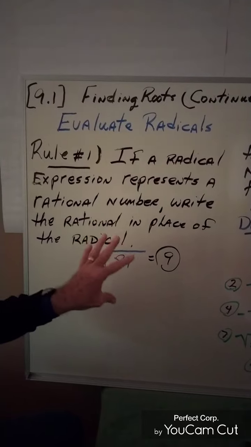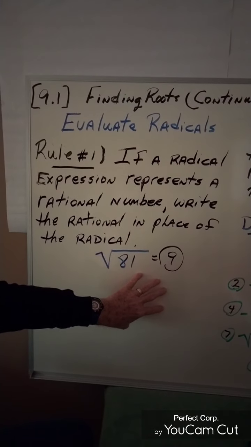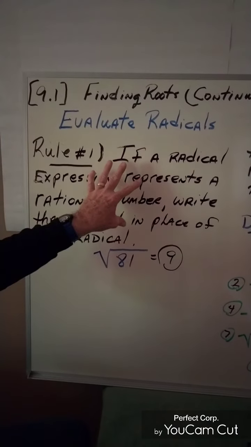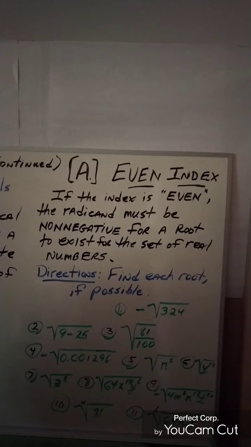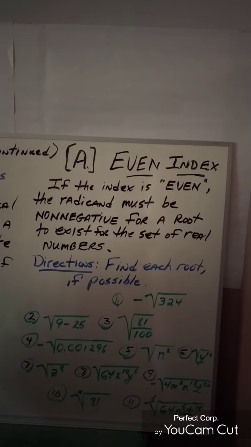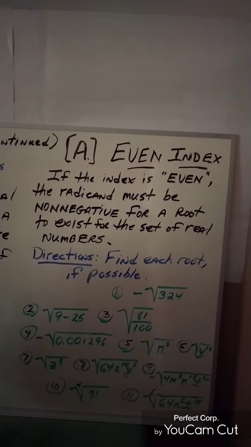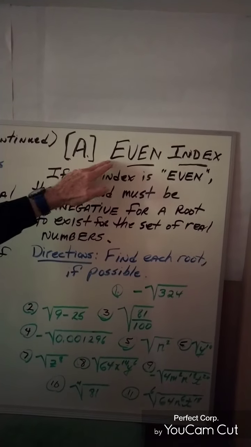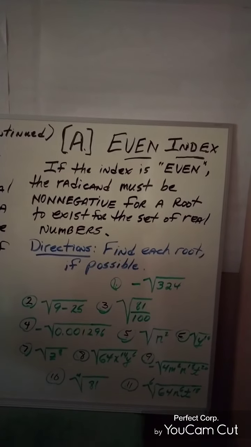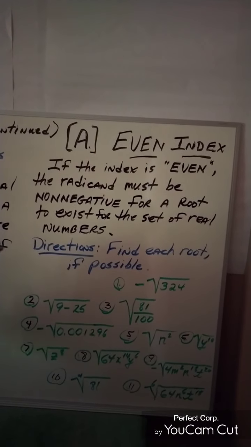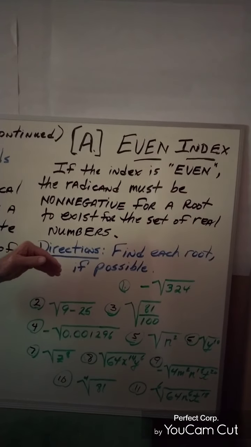Now, there's going to be 2 different categories that are going to follow this rule. The first category is if the index of the radical expression is even. When we get to letter B, it will be if the index of the radical is odd.